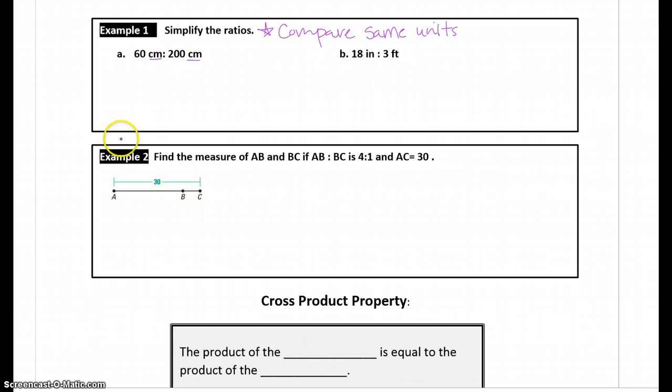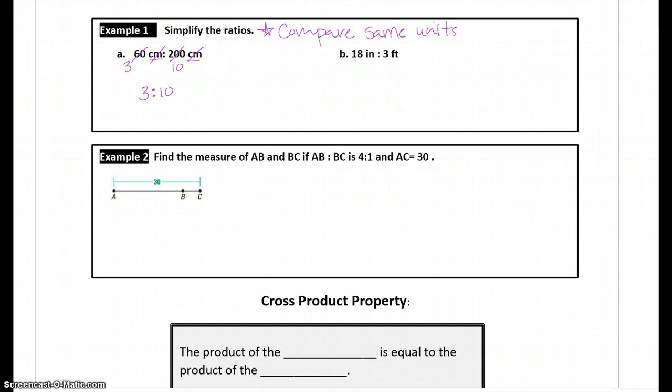They are both in centimeters. So we can cancel out the centimeters. We can reduce the 60 and the 200 by 20. 20 goes into 60 3 times, and 20 goes into 200 10 times. So our simplified ratio is 3 to 10.